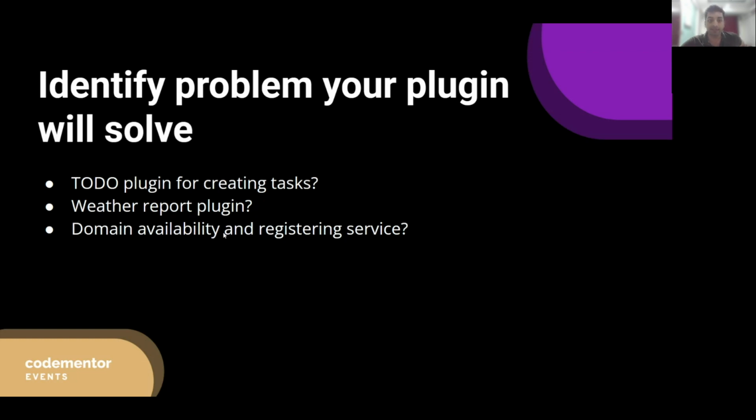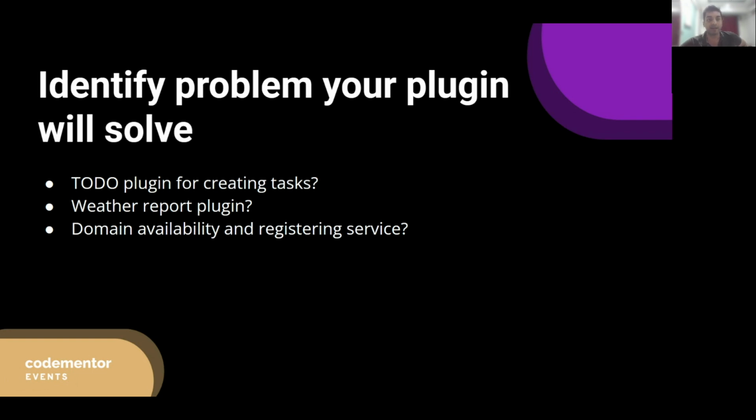Another example is a domain availability and registering service. So maybe you have a new website and you want to see what domains are available. You can create a plugin that checks for domain availability, and ChatGPT will call that plugin to check what domains are available, and whatever domain is available, it will register that domain. So these are some simple ideas that you can get things started with.